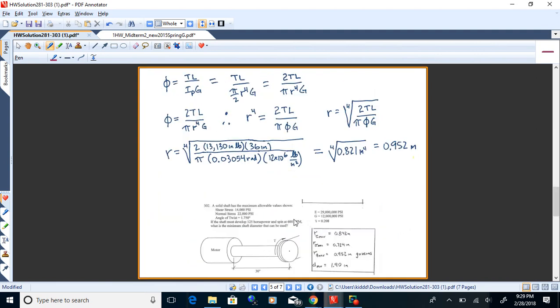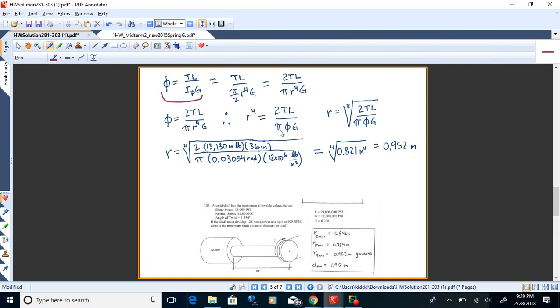One more thing I've got to check is the angle. Phi is the angle of twist, TL over IG. So that's TL over pi over 2 r4 G. Bring the 2 up. That's 2TL over pi r4 G. Solve for r4.